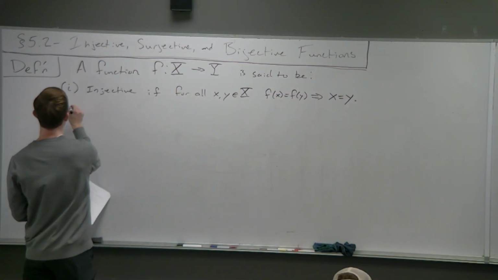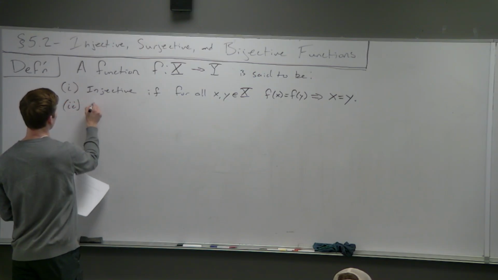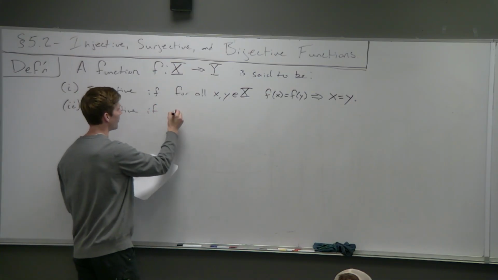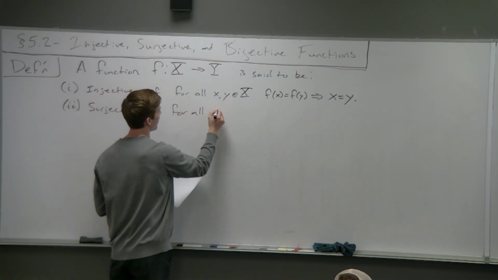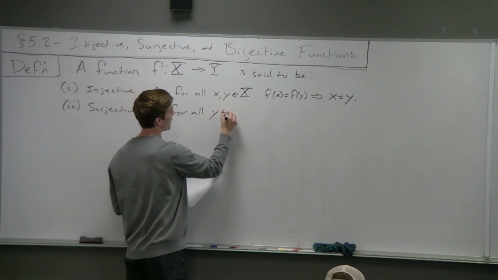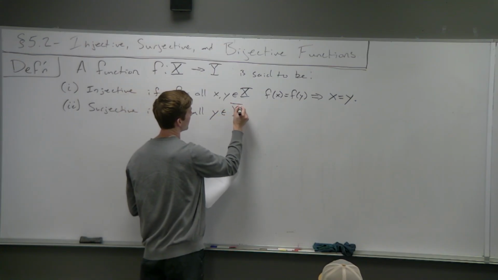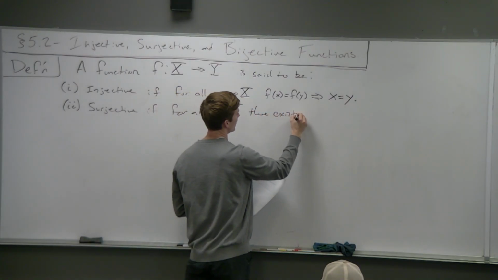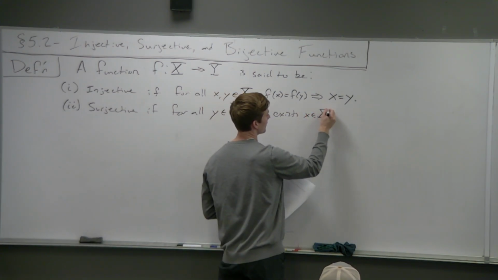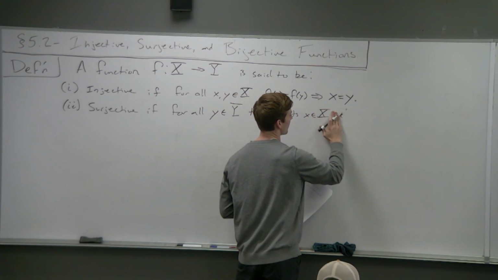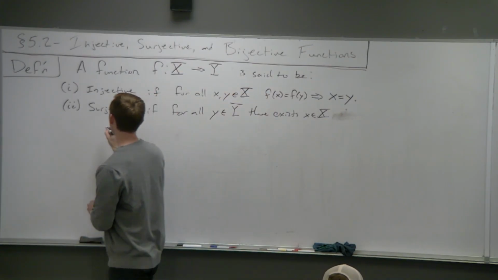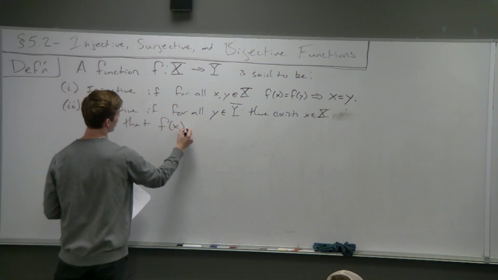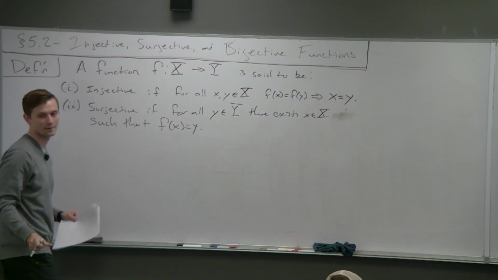We'll draw pictures to make this all super clear very soon. 2, surjective, if for all y in Y, there exists x in X such that, I won't abbreviate such that, I'll just write it out all the way, such that f of x equals y.